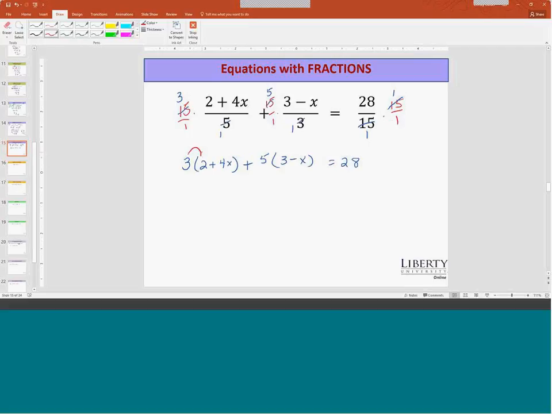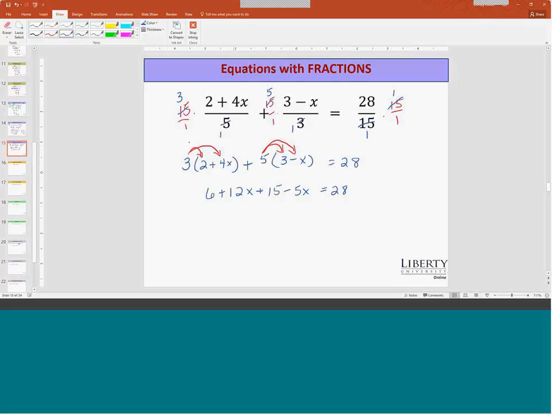Simplify before solving. Distribute the 3 to both the 2 and the 4x. 3 times 2 is 6, 3 times 4x is 12x, plus. Distribute the 5 to the 3 and to the minus x. 5 times minus x is minus 5x, equals 28.